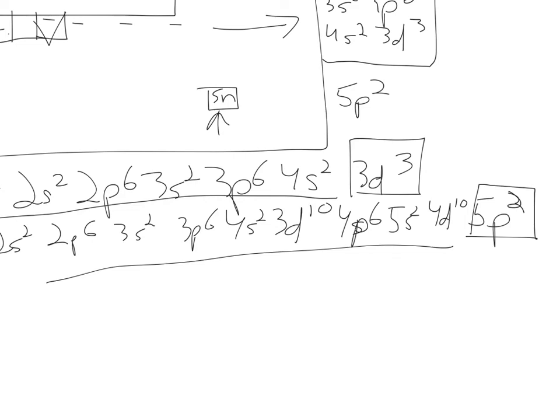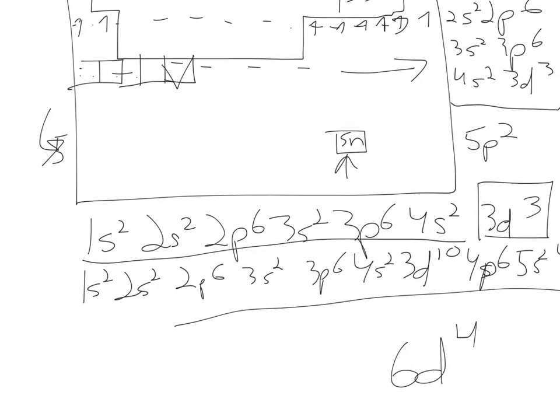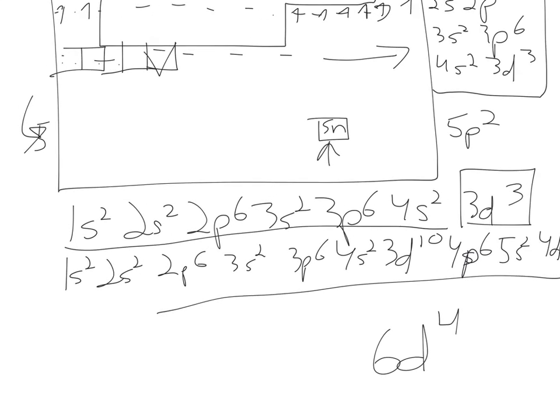Now, I'm going to do this with 20. Electron configuration for some unknown element. Look at how big that is. That's huge. A, identify the element, write its symbol. All I care about, though, is the last bit. So I'm not going to write the whole thing out, I'm just going to write the last bit: 6d4. That's all I need. Now, it's a D, and D's are one behind.